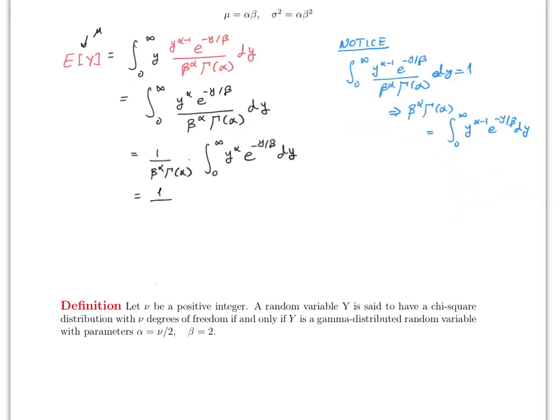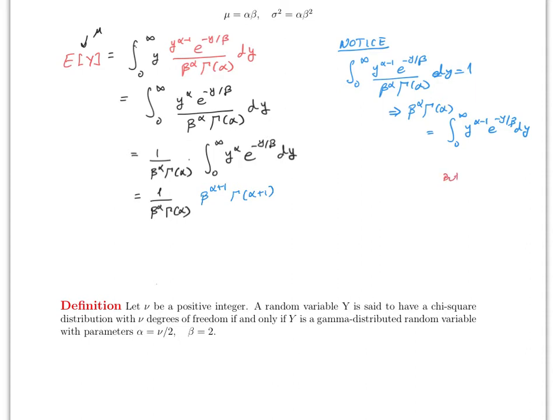Therefore, if we use this result right here, notice that if this is just alpha, then this will be alpha plus 1. So that will give us beta to the alpha plus 1 times gamma of alpha plus 1.